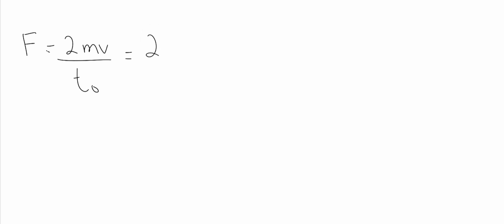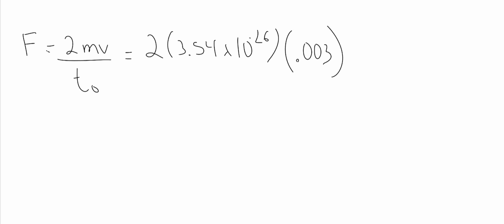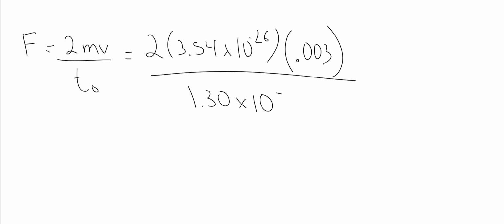Plugging straight into this formula, we get 2 multiplied by 3.54 times 10 to the negative 26, and once again, our velocity is 0.003, over the T0 we just found, 1.30 times 10 to the negative 12.